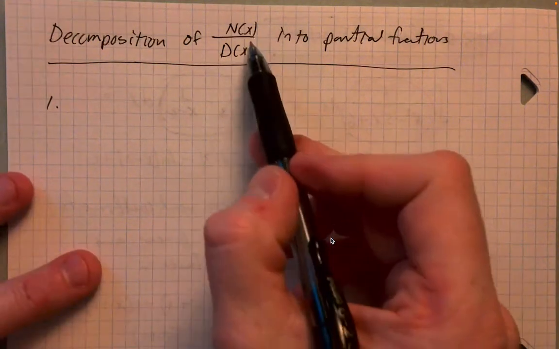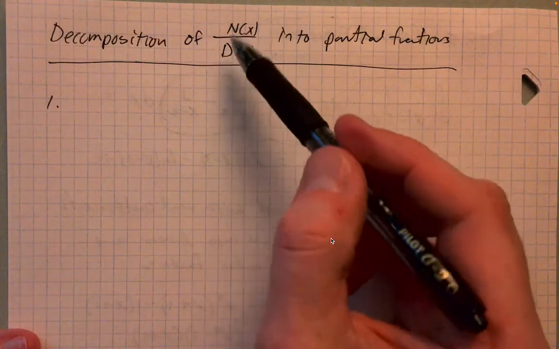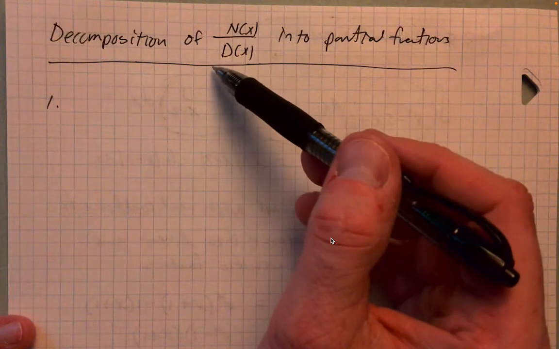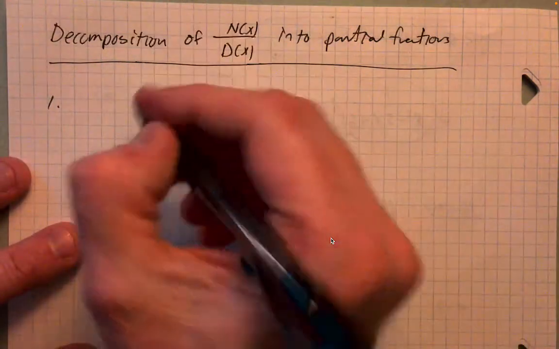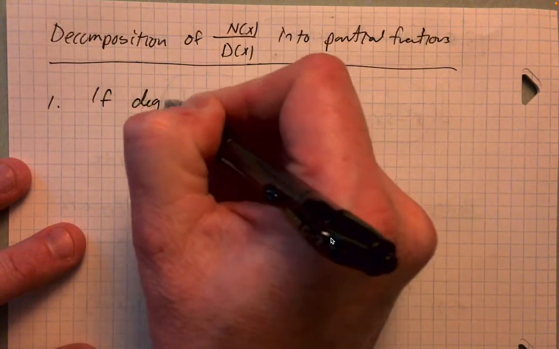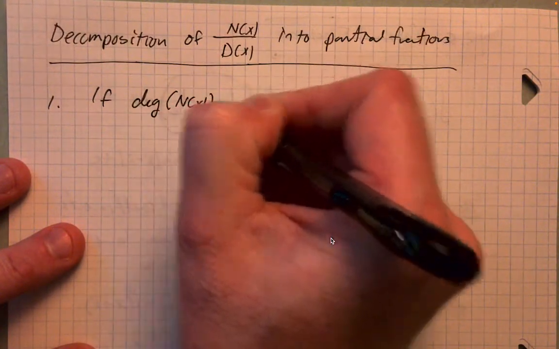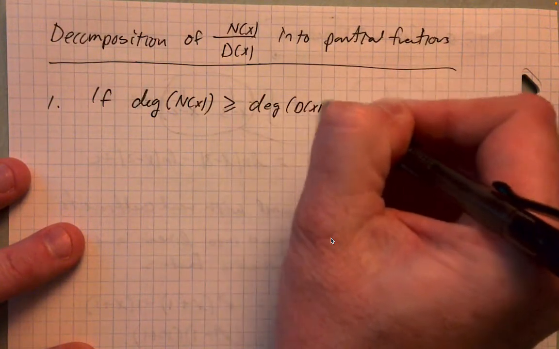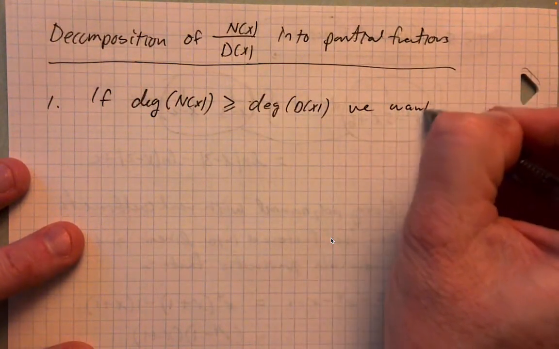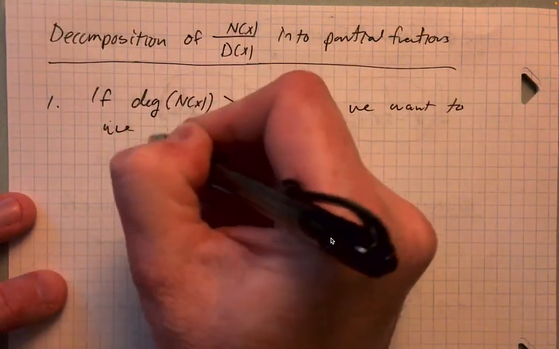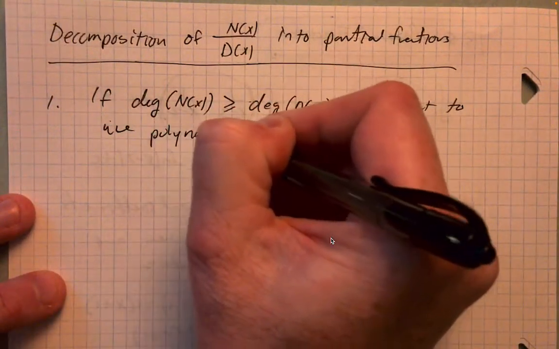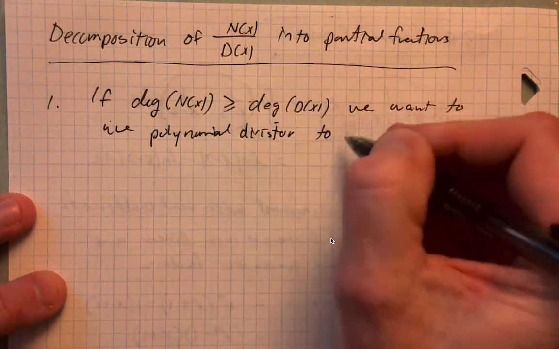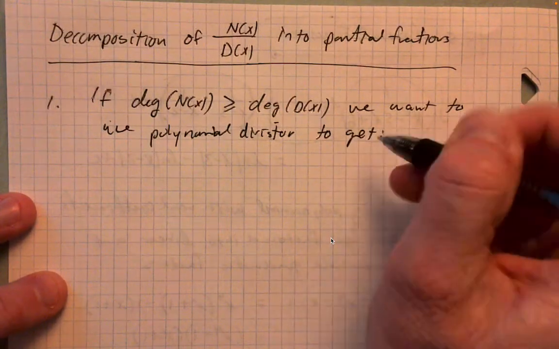We want to first make sure that we're dealing with a rational function where the degree of n is less than the degree of d. So if the degree of n of x is greater than or equal to the degree of d of x, we want to use polynomial division to get something that looks like this.